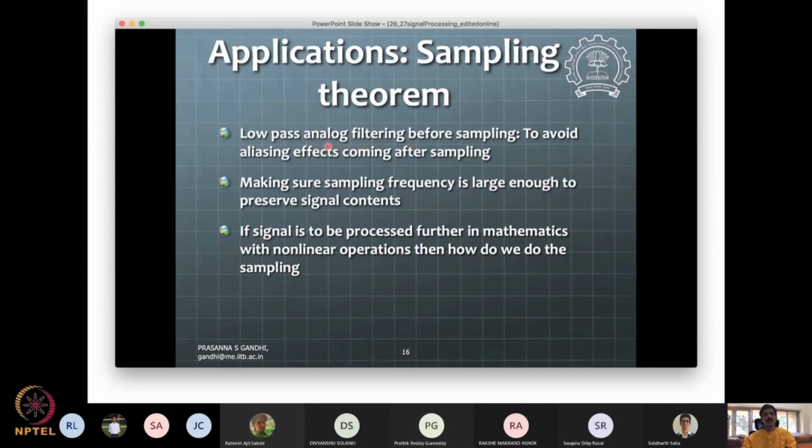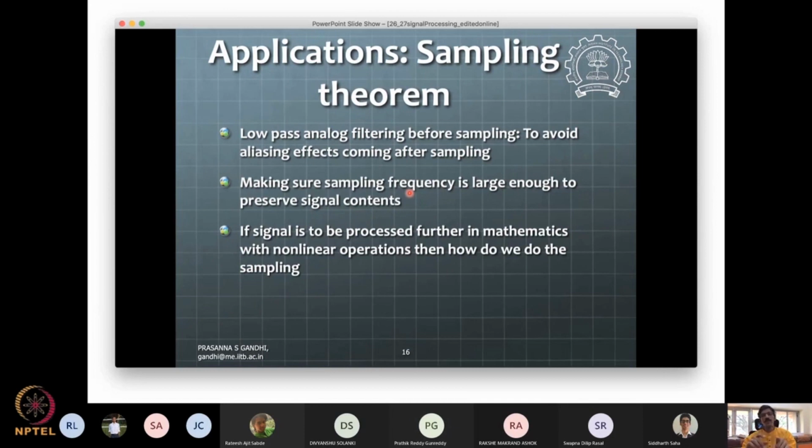Now this analog filter, you know that you can use some simple RC circuit to get this analog filtering done. And once you do this, then one can think about sampling. If you want to really preserve all the contents of your signal and represent your signal in a better fashion, this is a way to do it.